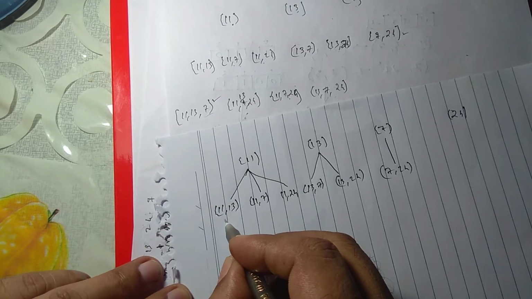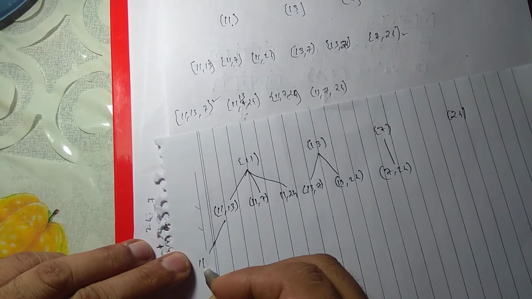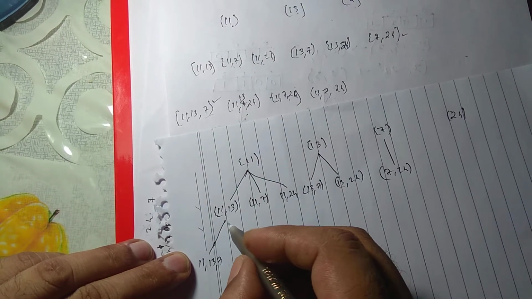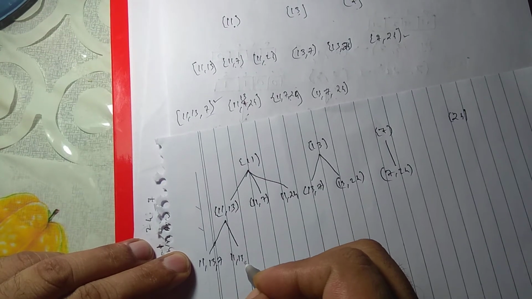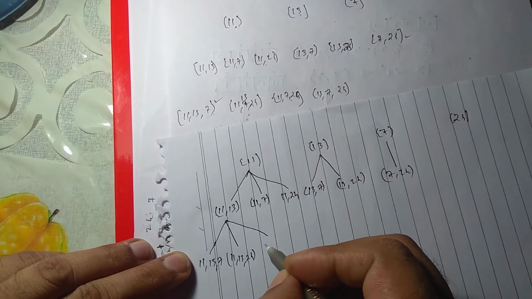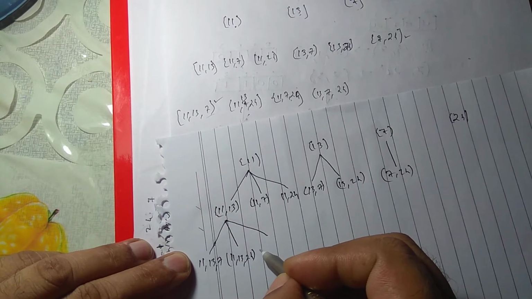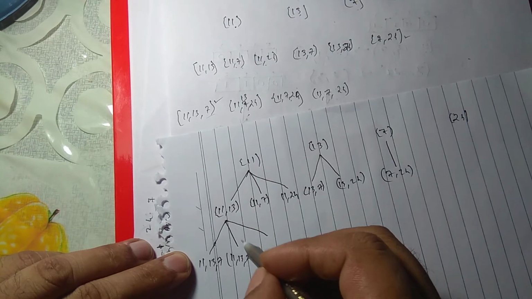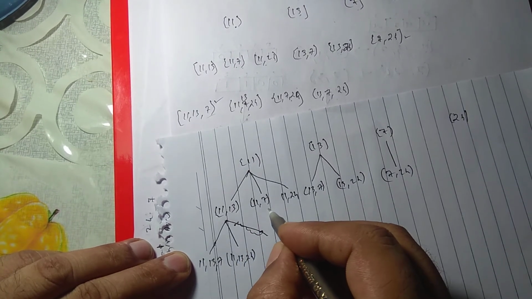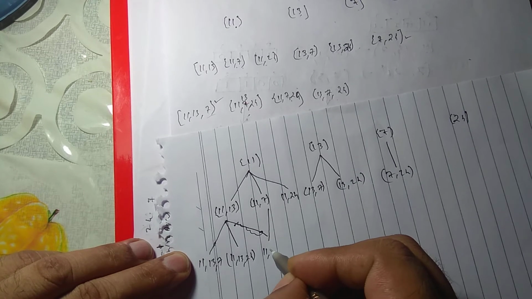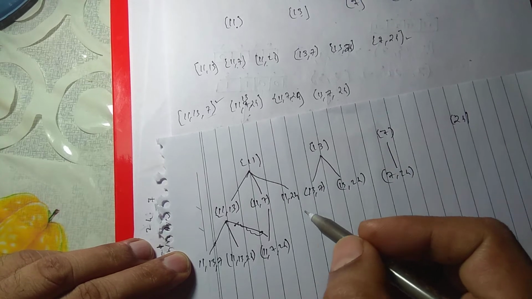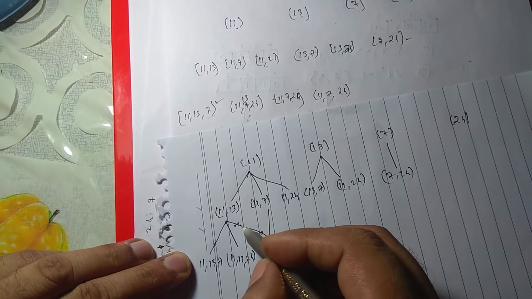So you are getting 11, 13, 7, and 11, 13, 24. And 11, 7, 24. Then with 11, 24, there is nothing.